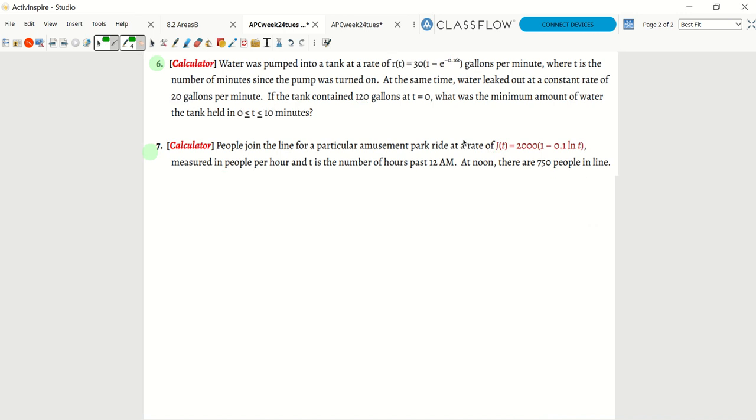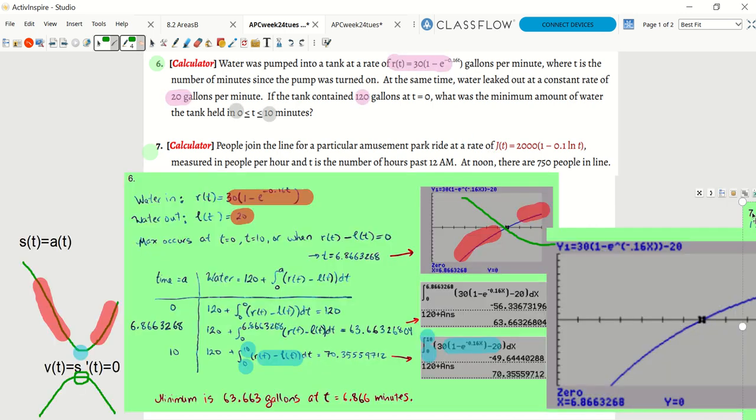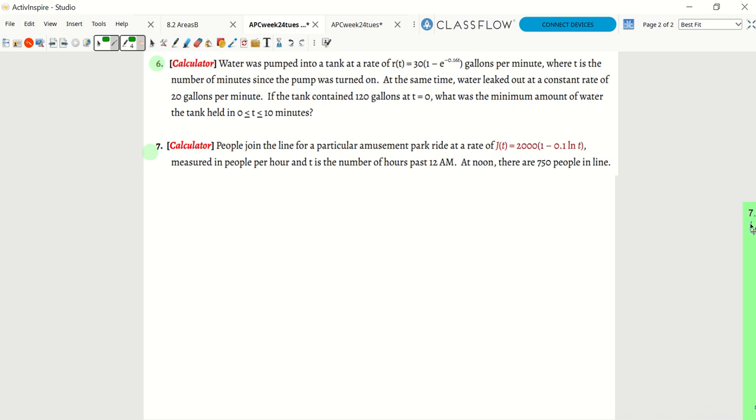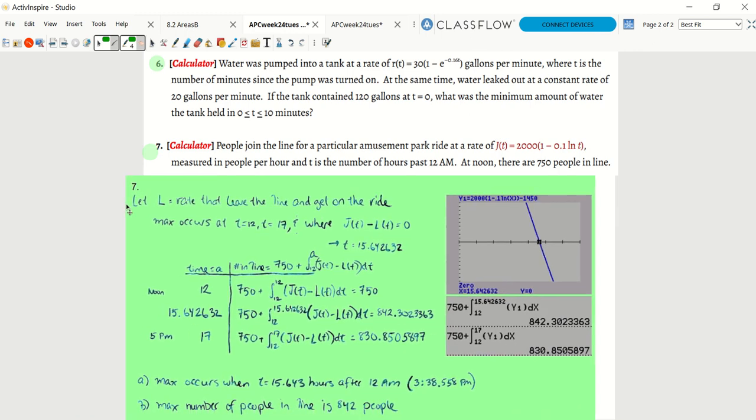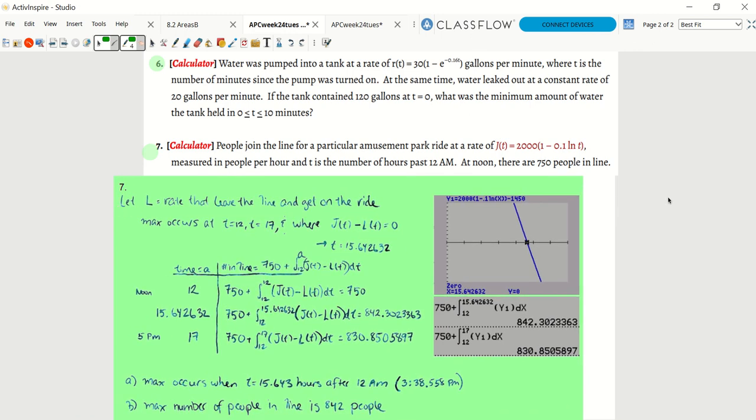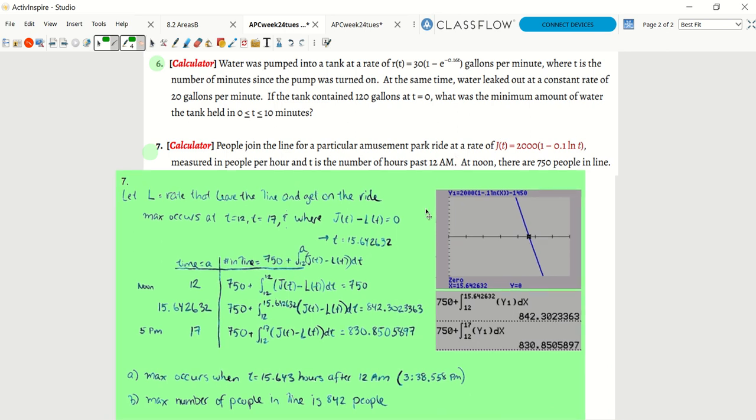Number 7 is very similar in its approach. So again, using the EVT, we're going to plug in our 12 and 17, which is noon and, not noon, sorry.